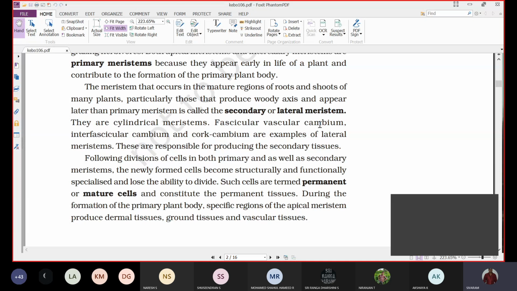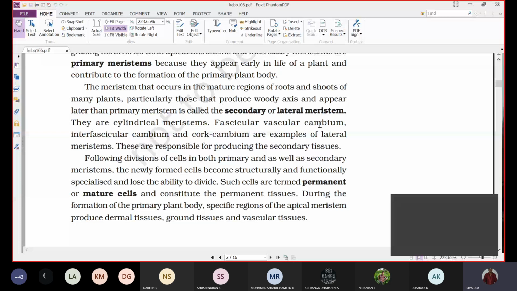Cambium here means meristem, which has the ability to undergo cell division. That is what we are calling a cambium. The cambium which is present in the vascular bundles, we are calling a fascicular vascular cambium.